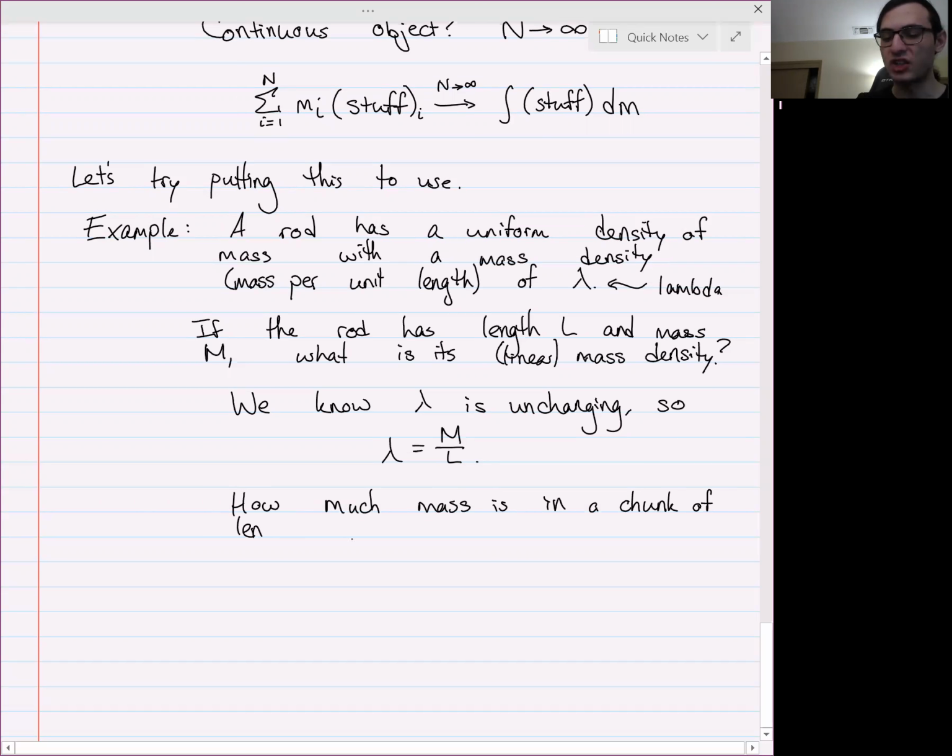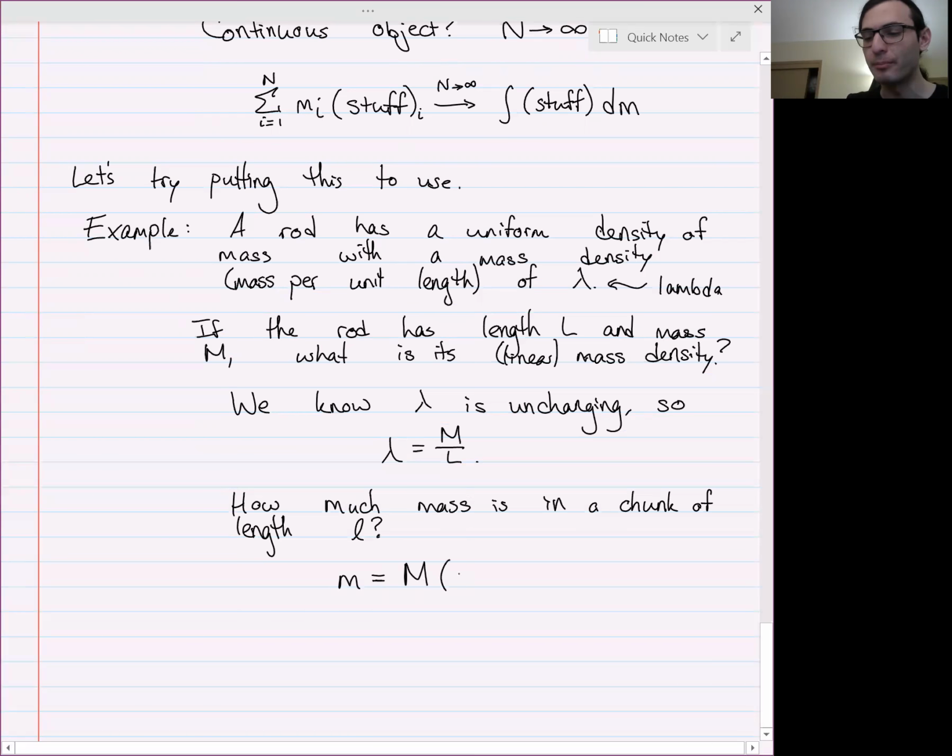So if you take just, I don't know, 5 centimeters of the whole rod, which might be 2 meters long, what is the mass of that length? So m would be the mass of that length, and I'm going to draw a picture in a minute. This would be the total mass times the fraction of the length. Let me just write it out and I'll explain.